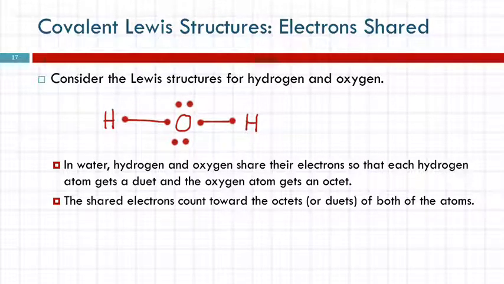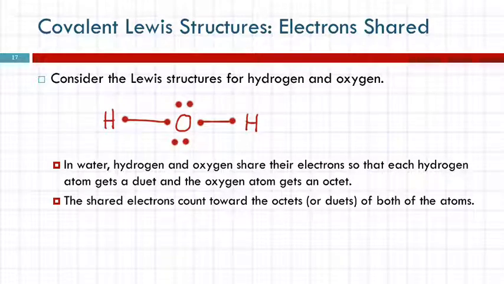They share 2, they share 8. This hydrogen and this oxygen are sharing 2. Okay? And the oxygen is sharing these. So 1 from the hydrogen, 1 from the oxygen, 2 over here.